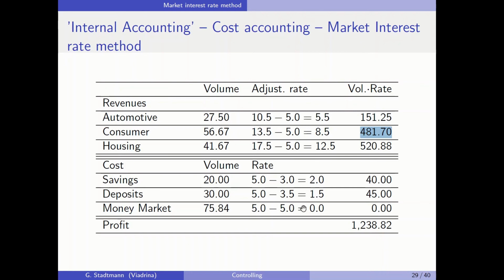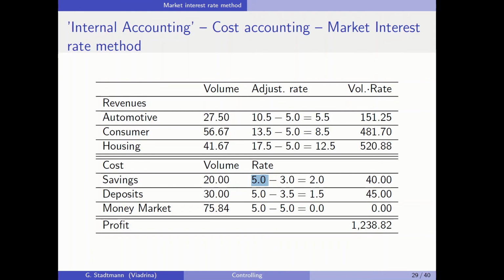On the liability side, the idea is that, for example, with respect to savings, we are getting liquidity from private households which are saving with our bank at the interest rate of 3%. So we get this volume of 20 units at the interest rate of 3%, but we could sell the liquidity at a money market rate of 5%.